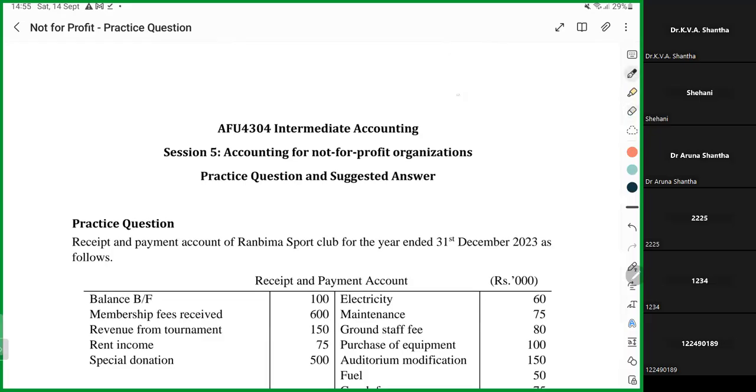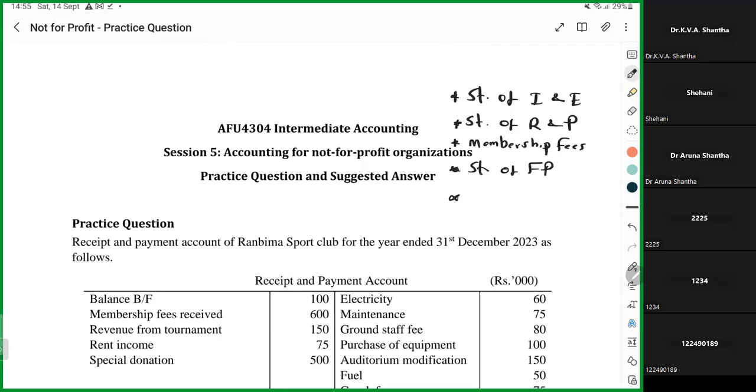In the financial statements, that should include the statement of income and expenditure, the statement of receipts and payments or receipts and payment account, membership fees account, statement of financial position, and if necessary, notes.